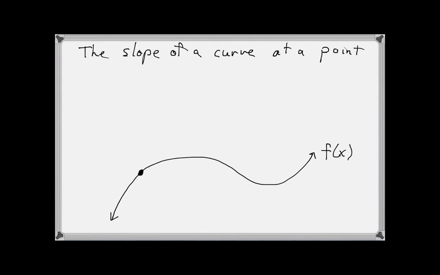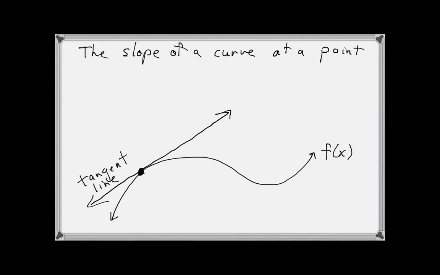If there is a tangent line to the curve at a point, which is a line that just touches the curve at that 1 point, then it would be reasonable to identify the slope of this tangent line as the slope of the curve at that point. But we need a precise way to find the slope of this line.